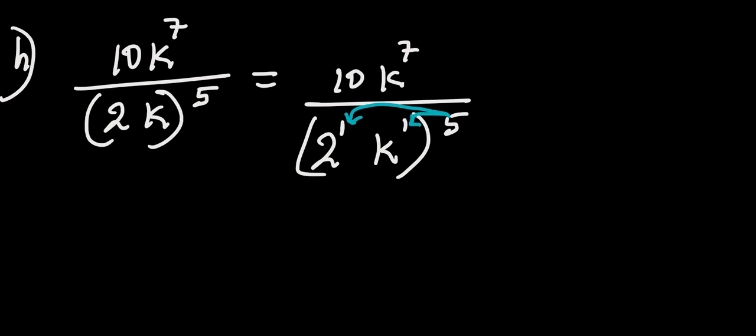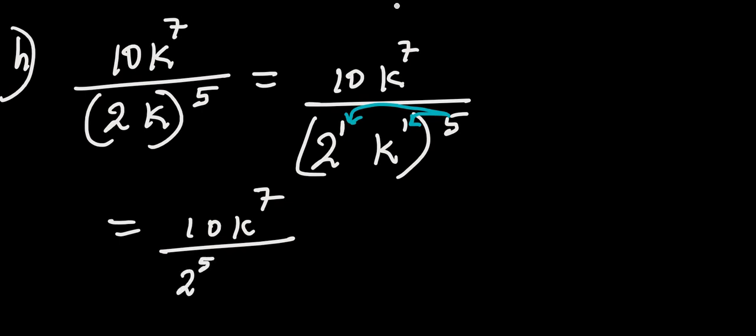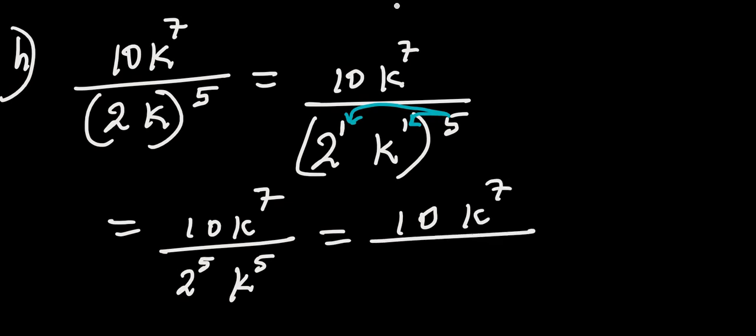When you do that, this will become 10k to the 7th power over 2 to the 5th power k to the 5th power. 2 to the 5th power is 32, so this will become 32k to the 5th power.